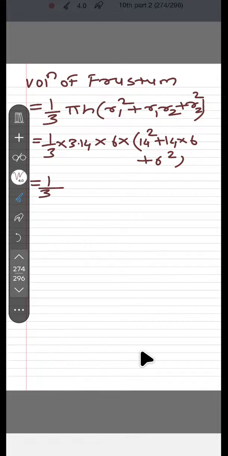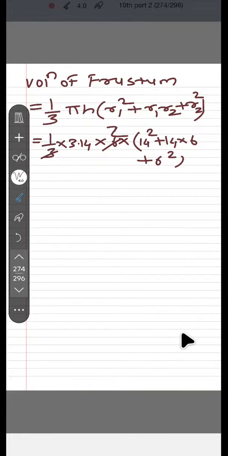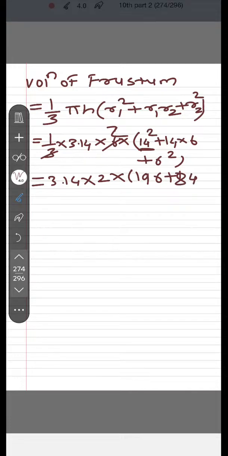So 1 upon 3 with 6 gives 2, so which is equal to 3.14 into 2 in a bracket 196, plus 14 into 6, so 14 sixes are 84, and 6 square is 36.